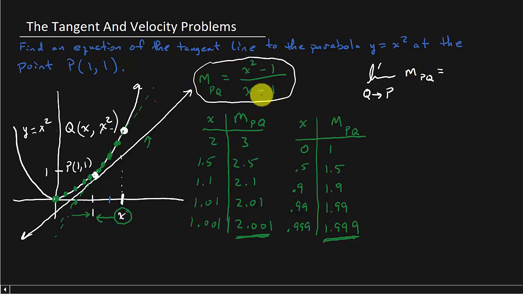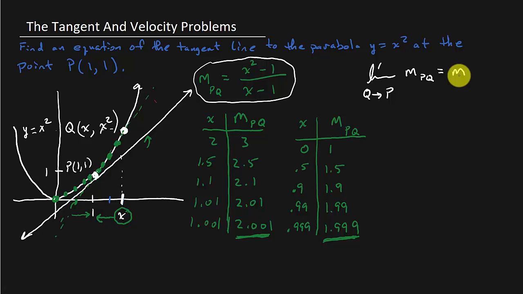The limit of the slope here as the point Q approaches P is approaching the slope of the tangent line. It doesn't equal the slope of the tangent line, but it gets closer and closer to it.